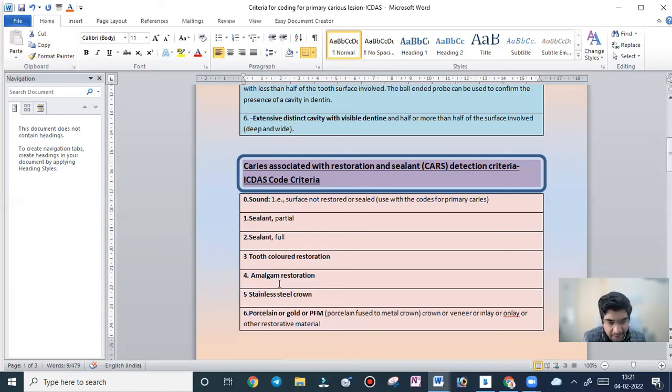For the composite resin, the score is 3, right? And for the distinct cavity with visible dentine, it would be scored as porcelain or gold or PFM crown, that is the 6. So the score will be 3, 6.